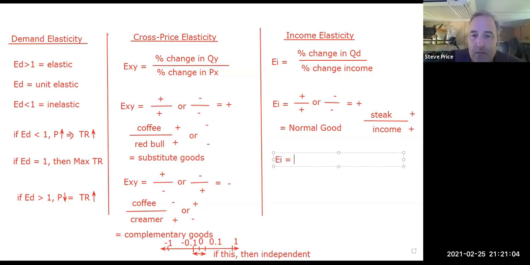Now let's do something similar here. E sub I equals, and in this case, either the numerator or denominator is negative.